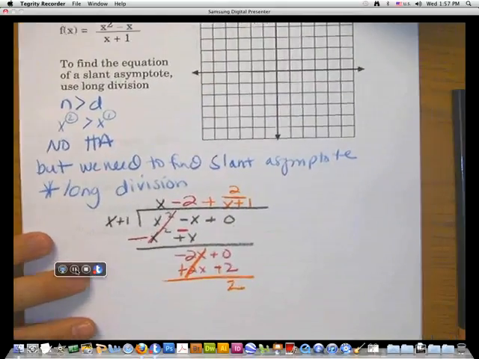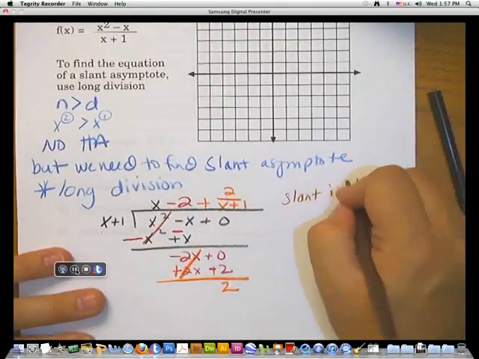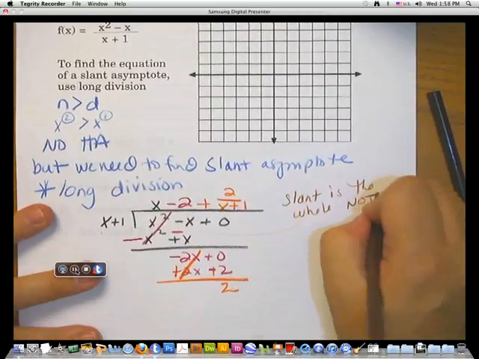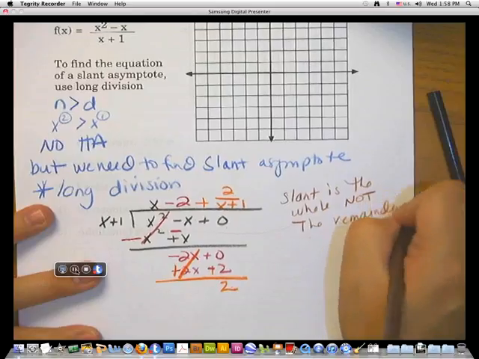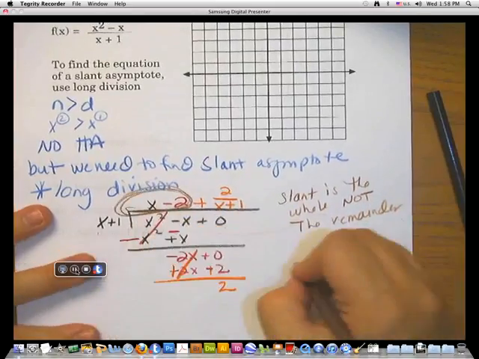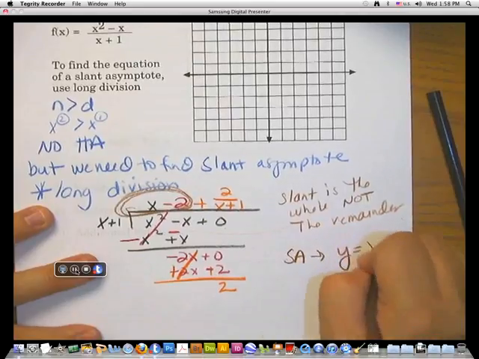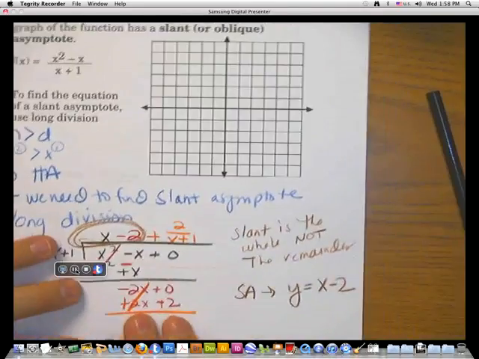Okay, so there's our longhand division that we did a few sections ago. What gives us the slant is the whole part, not the remainder. So the slant asymptote is y equals x minus 2.